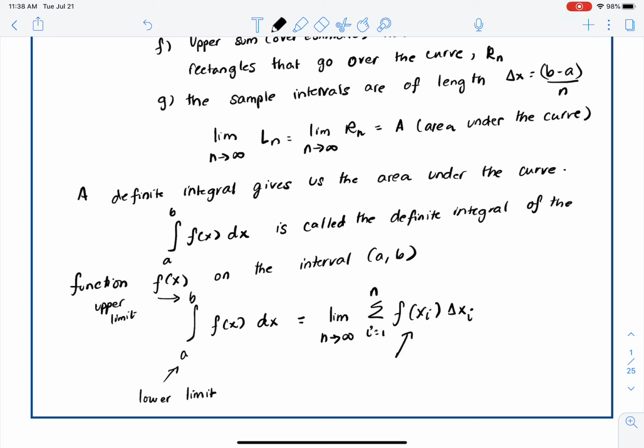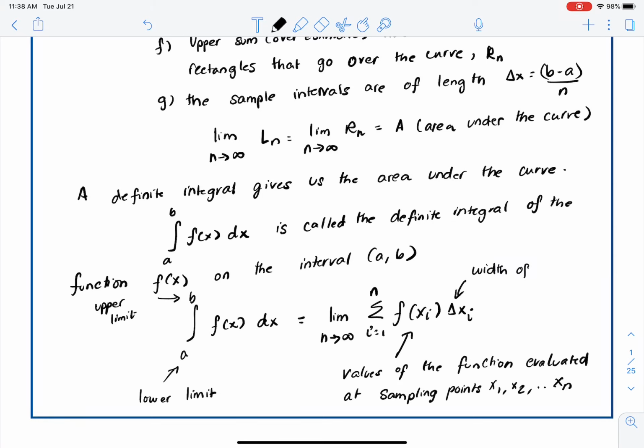So those are simply values of the function evaluated at the sampling points. And delta xi is simply the width, or length, I'll just call it length.